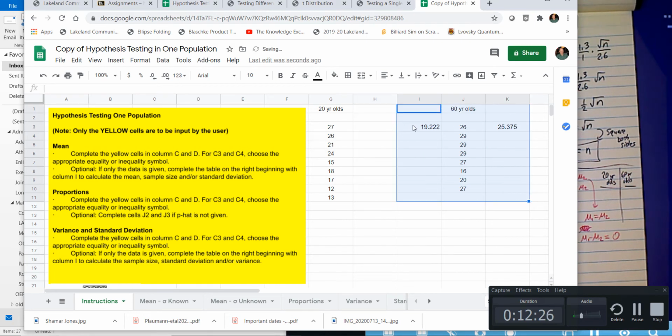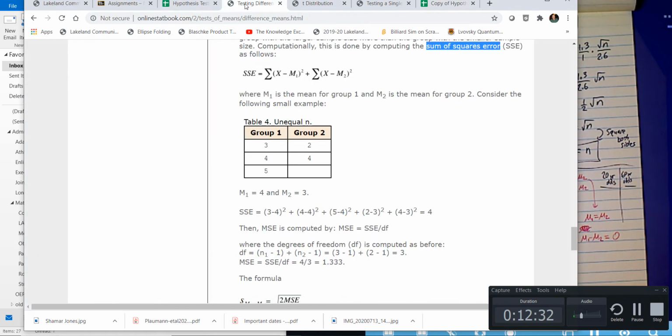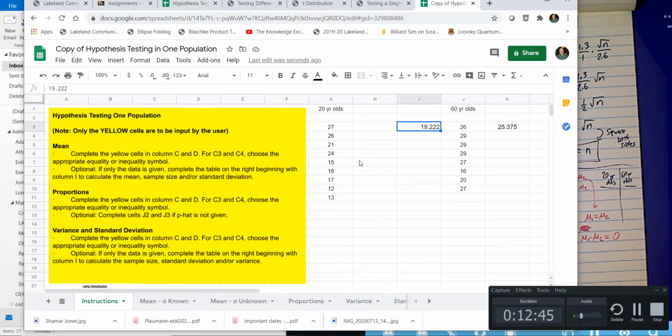That'll help. Okay. What I want to do in this column is what this formula says. We need to add up x minus m1 quantities squared. Watch how this works. When I go back to this hypothesis test, I'm going to say this equals this data, 27, minus this data point.